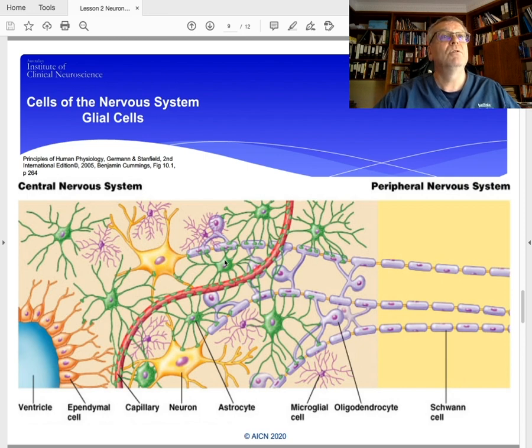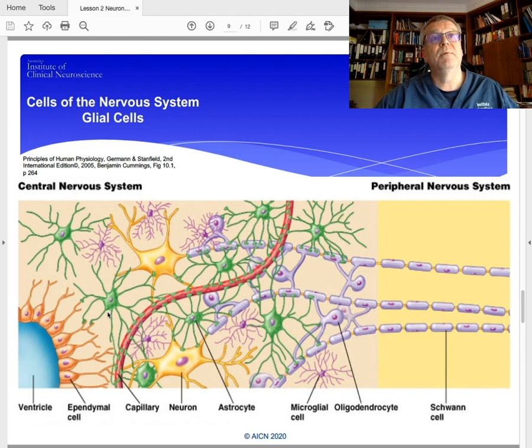We also see these microglial cells. These little microglial cells are basically the immune system, or part of the immune system, inside the central nervous system. Again, we're going to find that the immune system inside the brain differs from the immune system outside the brain.